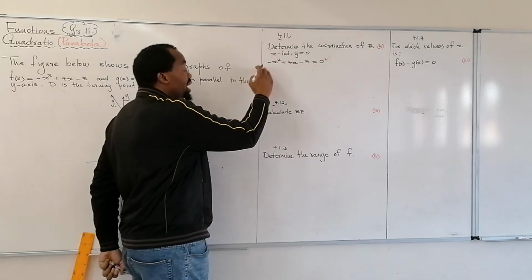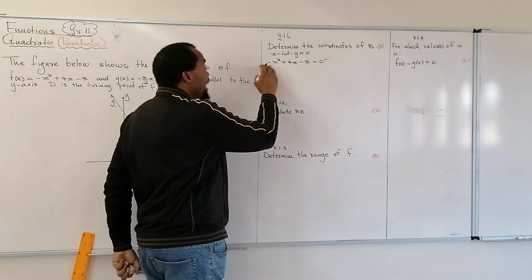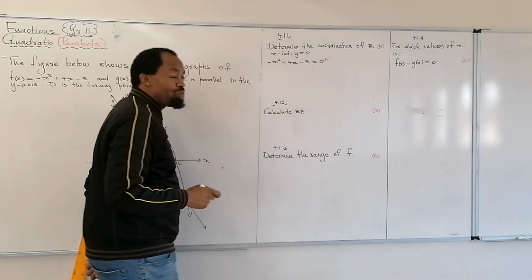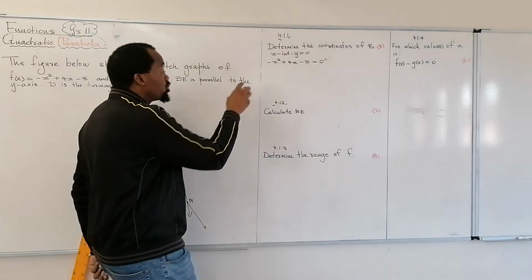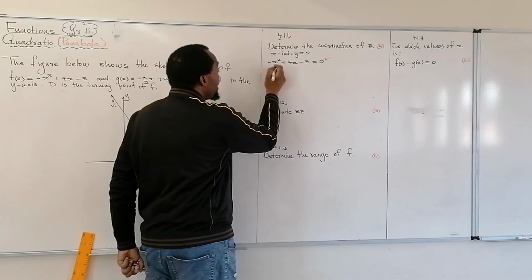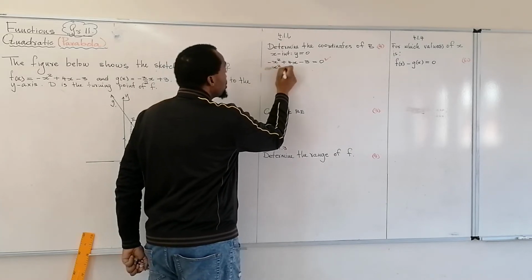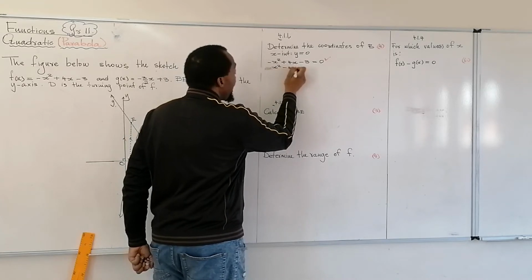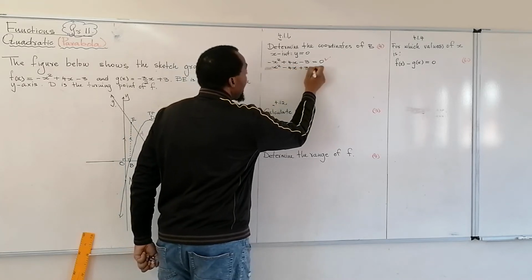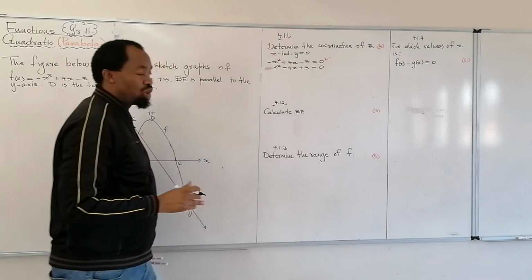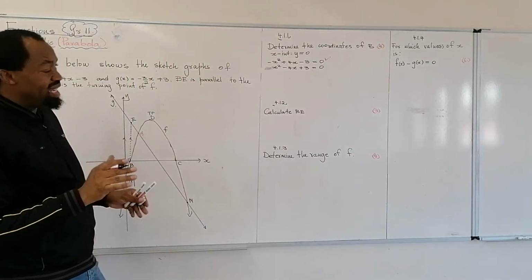Most of the learners say, let's divide throughout by -1 so that it becomes positive. That's fine for me. It becomes x squared minus 4x plus 3, which is equal to 0. It won't change anything.